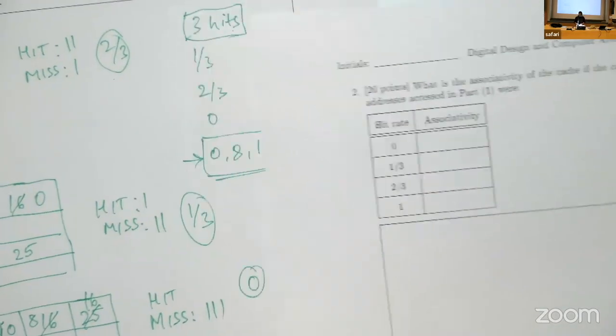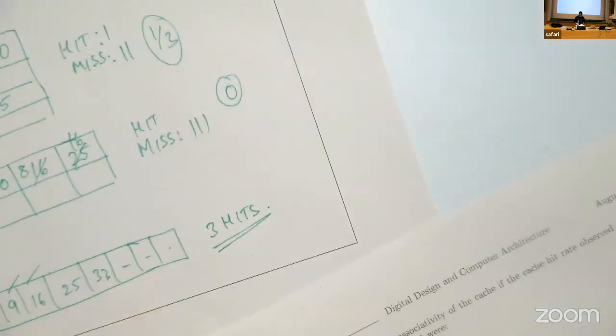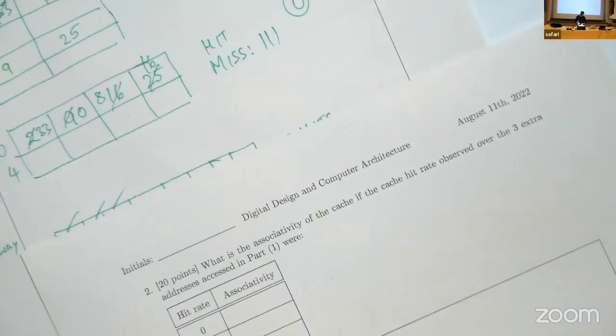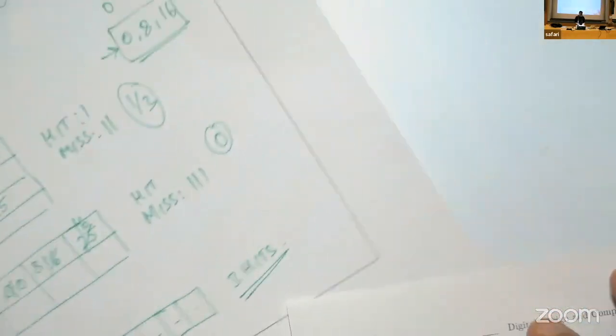So now we'll look at the next part of the question, which is a continuation of the first part. And here we are asking what is the associativity of the cache if the cache hit rate observed over the 3 extra addresses accessed in part 1 is given.